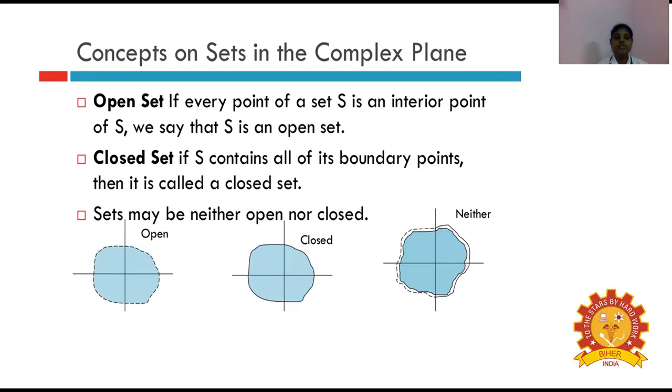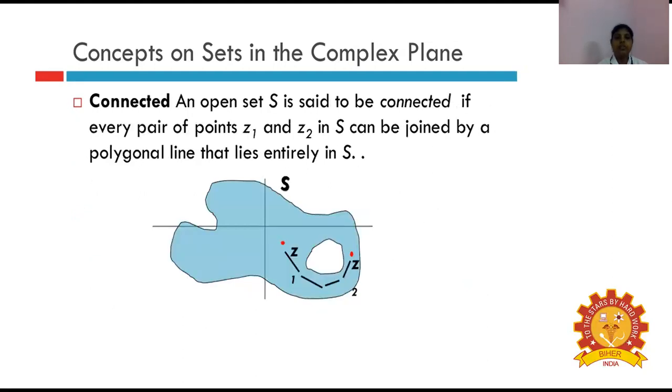Next, closed set. If S contains all of its boundary points, then it is called a closed set. Sets may be neither open nor closed. Next, connected set.